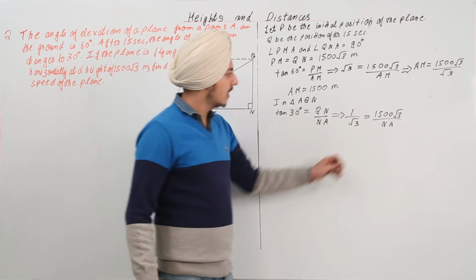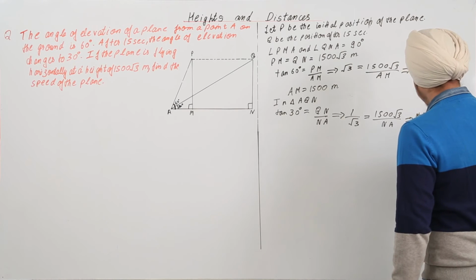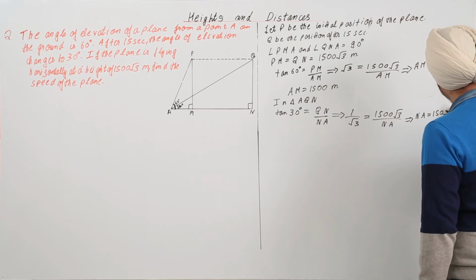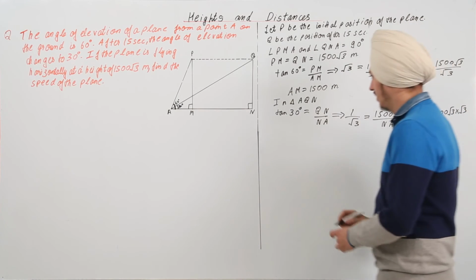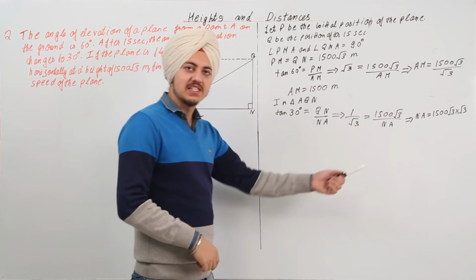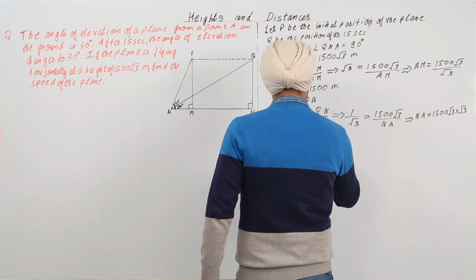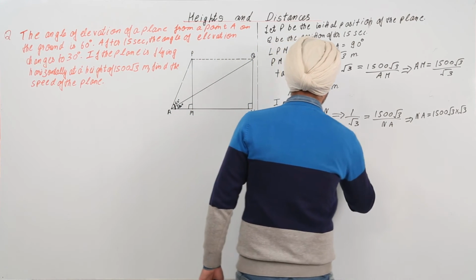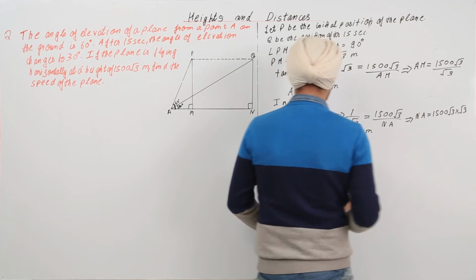From here we get NA is equal to 1500 root 3 into root 3. Correct, simple. From here we get NA is equal to 1500 into 3, that is equal to 4500 meters.